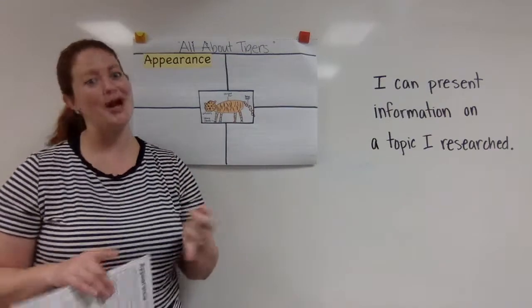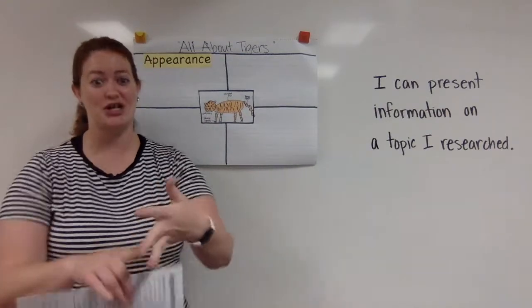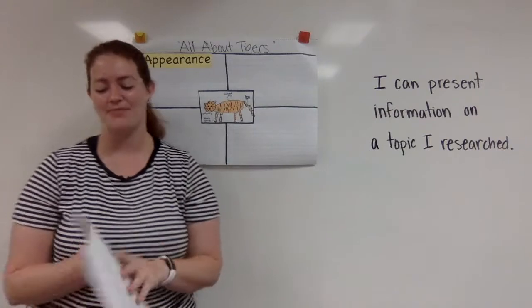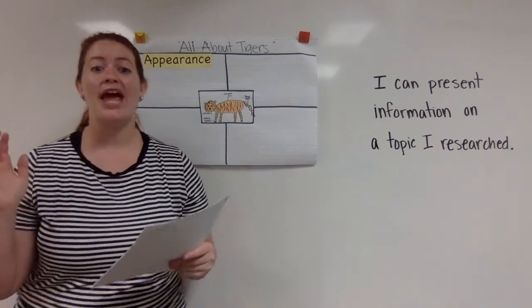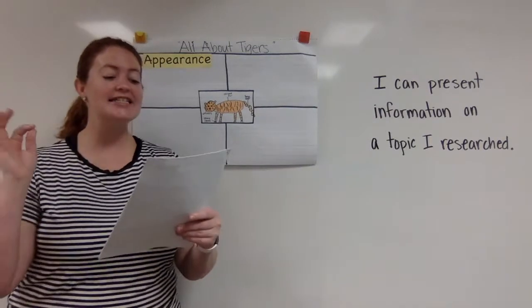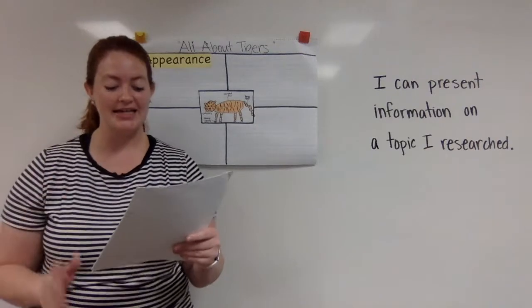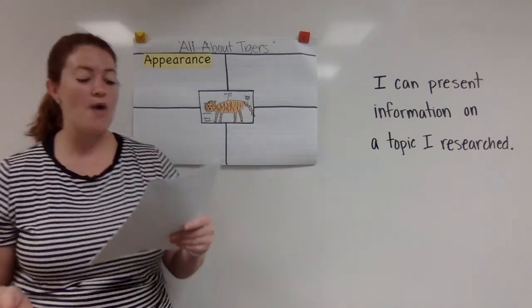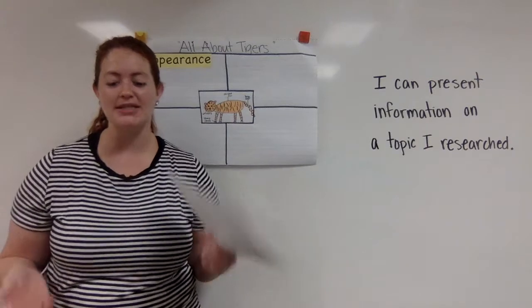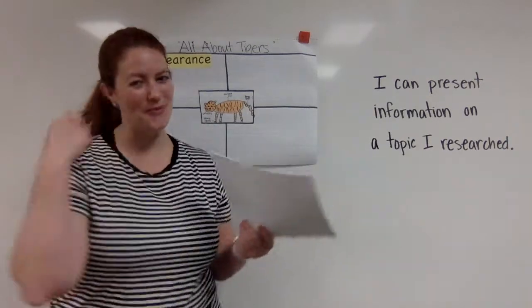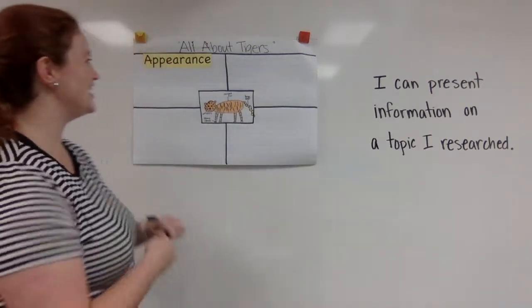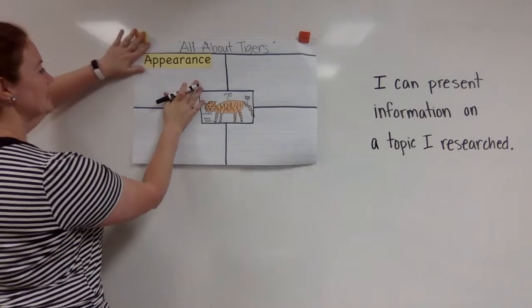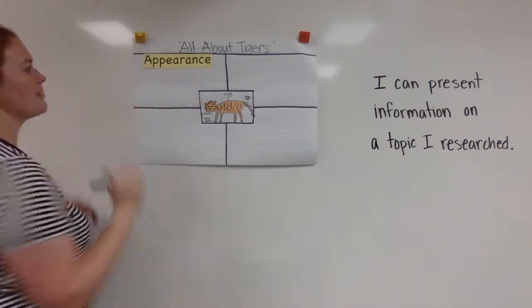And I'm going to make sure I have capital letters and punctuation and good details like adjectives also. Let's see. I could say, a tiger is an orange and black cat that weighs 500 pounds. Yeah, does that tell you what it looks like? It does. So I'm going to start my sentence in this box under my appearance heading.